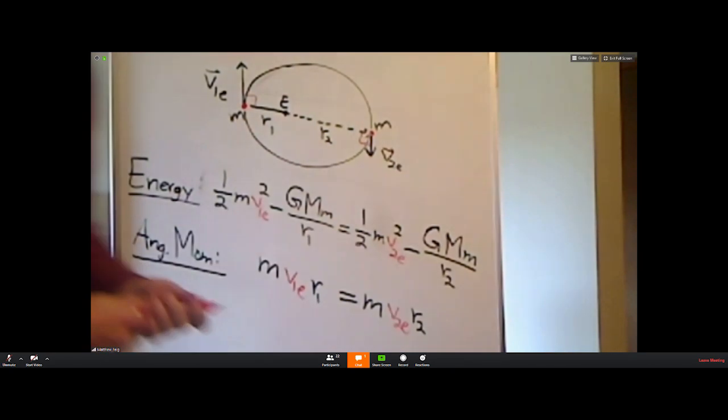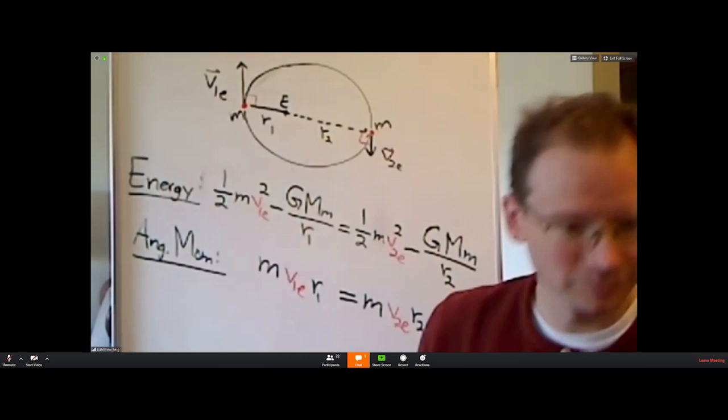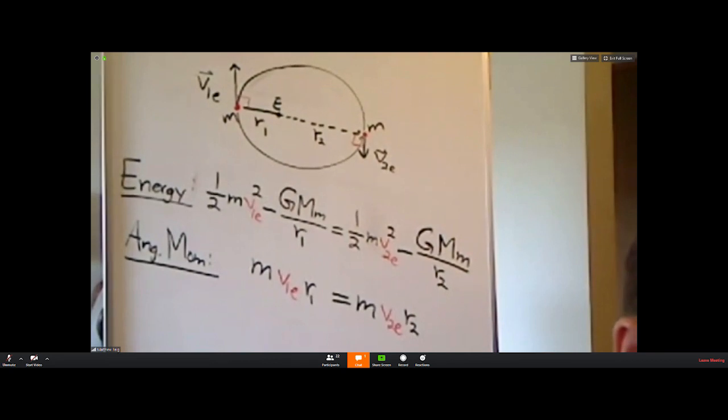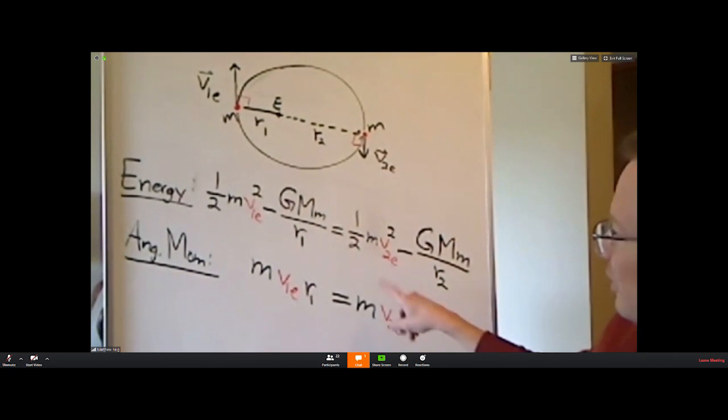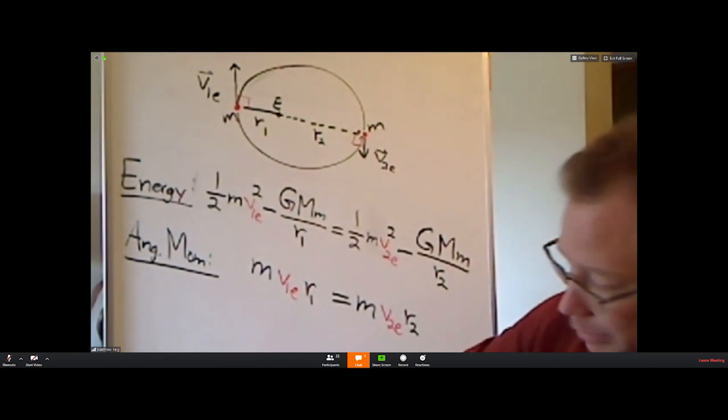Okay. Now we've got two equations and two unknowns. Do you guys think you could do some algebra and solve this pair of equations to get the red stuff? To get either the red or the blue, green.